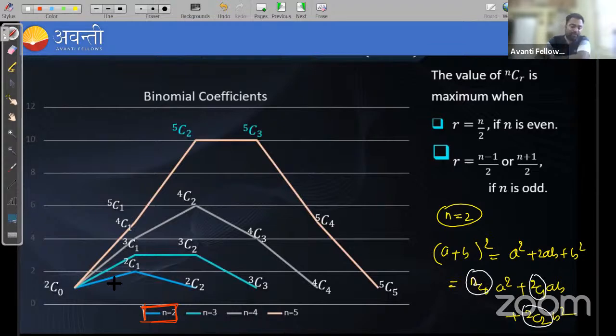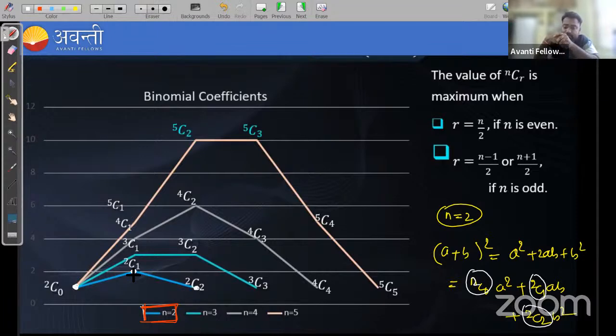See here, for the skyline, you can see 2C0, 2C1 and 2C2, right? So what is the maximum value of binomial coefficient? That is 2C1, right? Is that clear to all?